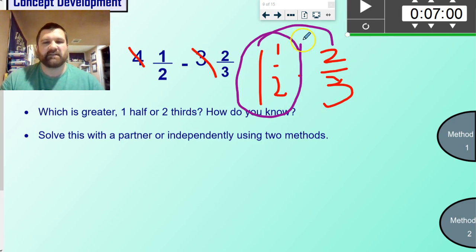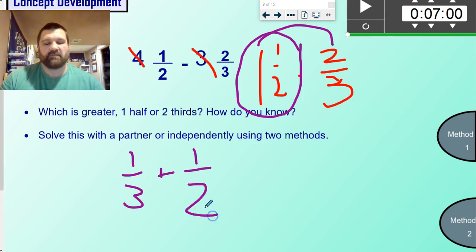It's kind of like a pizza delivery. If you're making a pizza delivery and the pizza guy eats some of it, you still have to make that pizza delivery, so you've got to add it back to it. Okay, so we got 1 minus 2/3, which would be 1/3, and you add it back to a half.